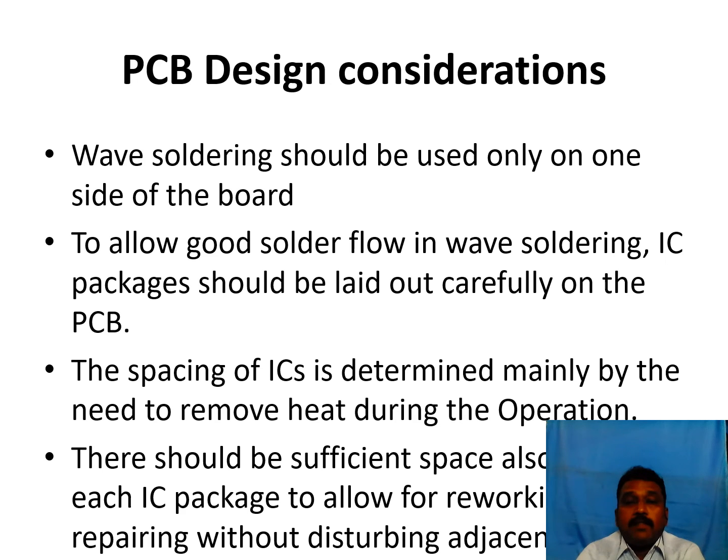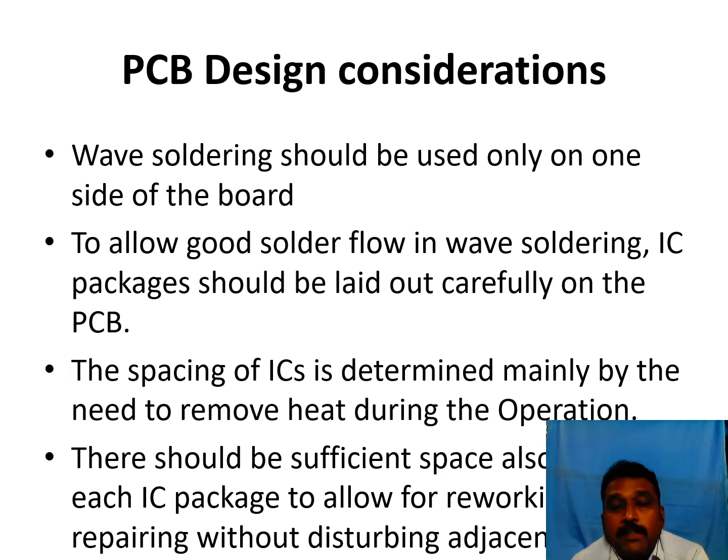So these are the design considerations for the PCB. We use only wave soldering because the components are on one side of the board, and they should be laid out carefully on the PCB. By the solder only we are attaching the chips to the PCB, that is the substrate.